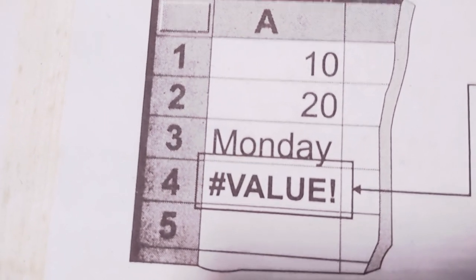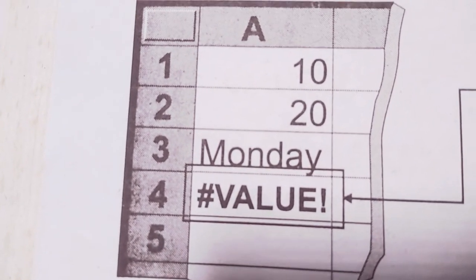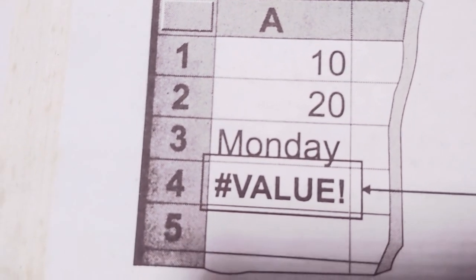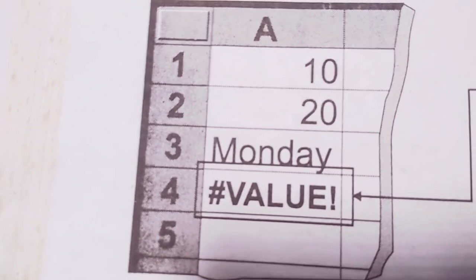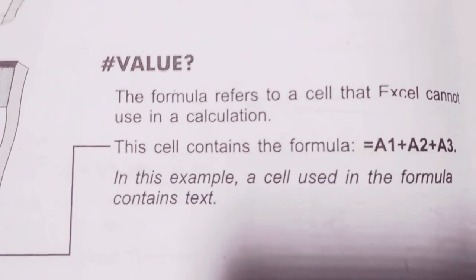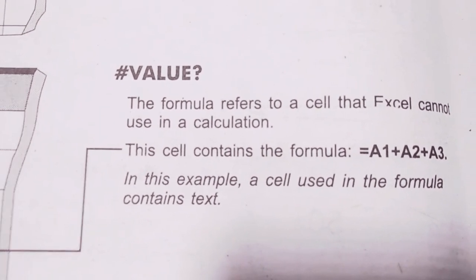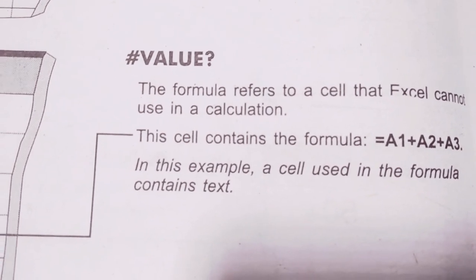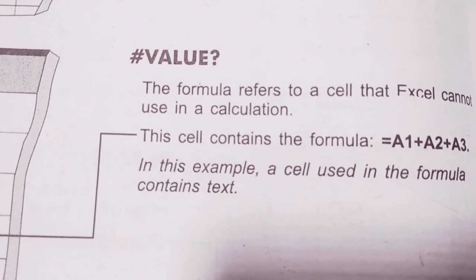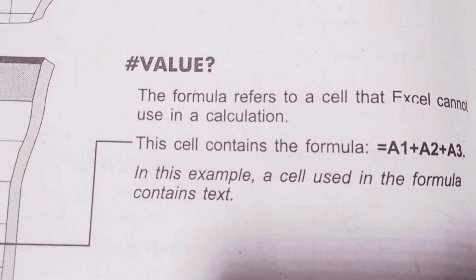Monday is alphabetical, so when we enter alphabetical text, the value message occurs. Why value? Because the formula refers to a cell that Excel cannot use in calculation. Excel does not calculate alphabets, only numbers.